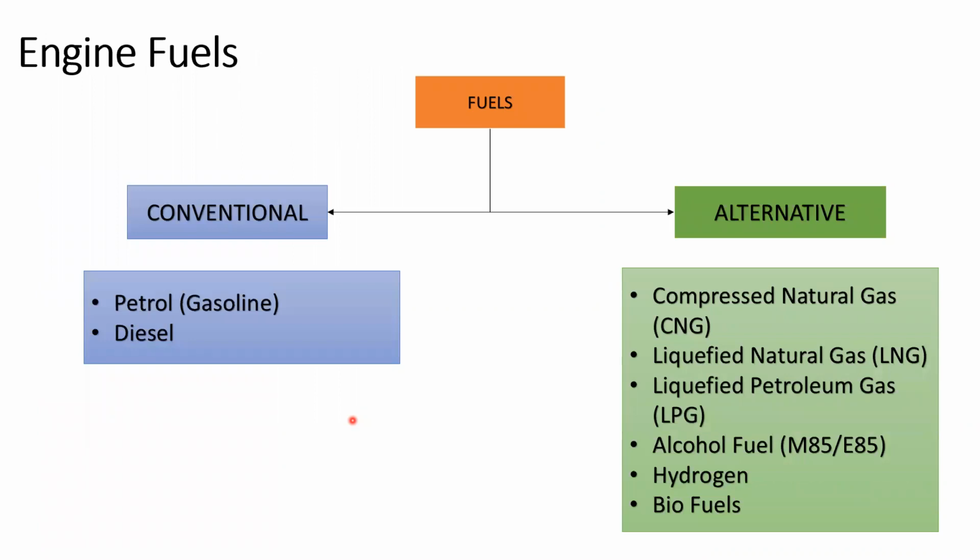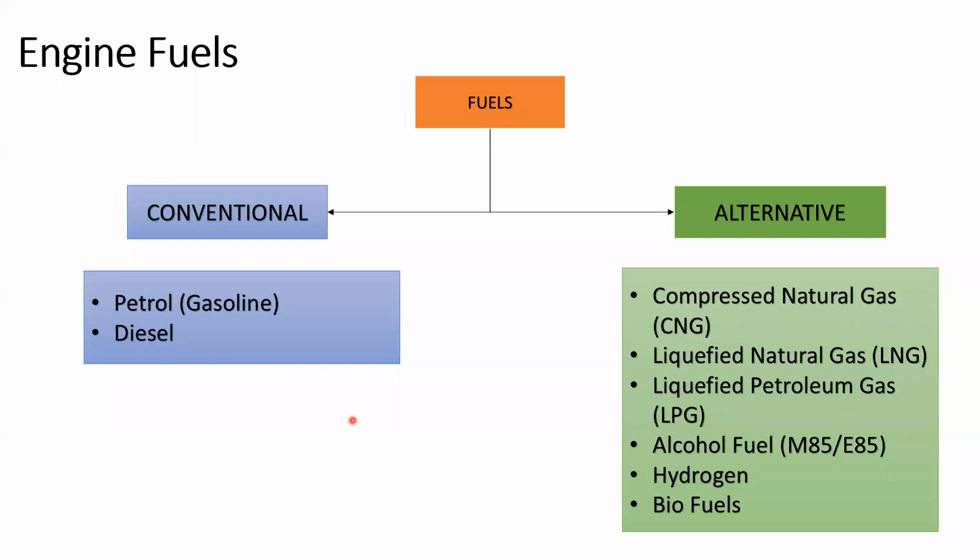Once we discuss this, we have different fuels that we can use. We usually divide them into conventional and alternative fuels. At the moment we only discuss the conventional fuels, but if you wish, you can learn about alternative fuels in automobile technology.